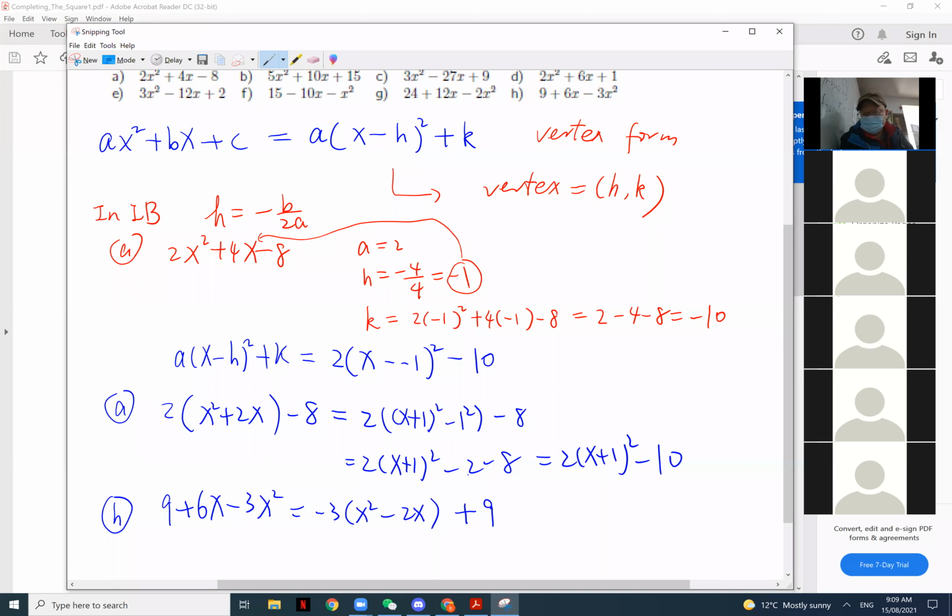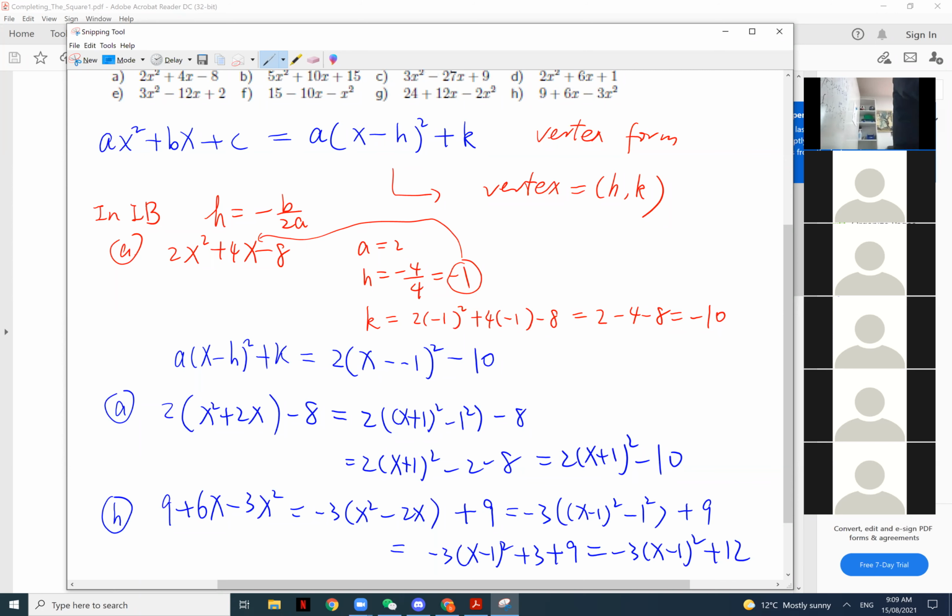We take out -3, and in the bracket, plus 9. Expanded. Final answer. That's H.